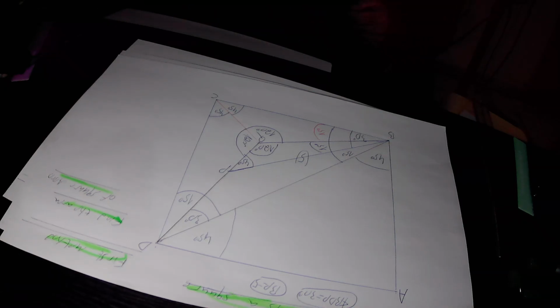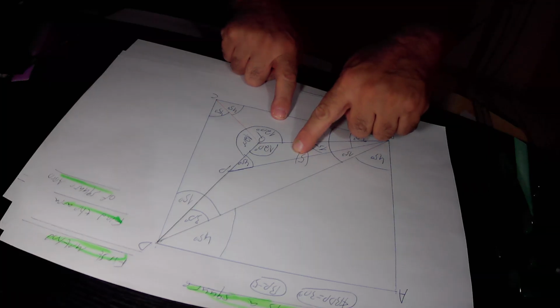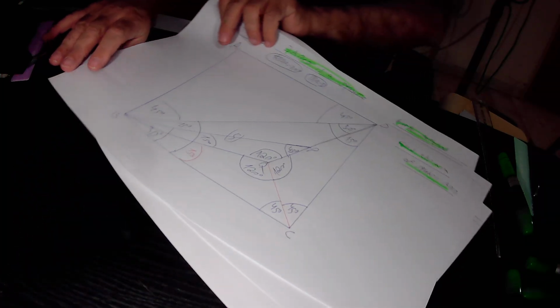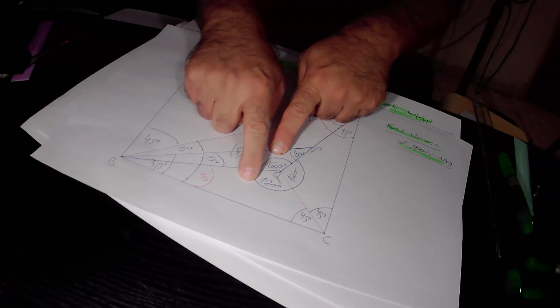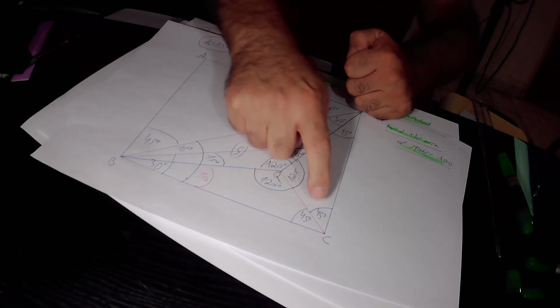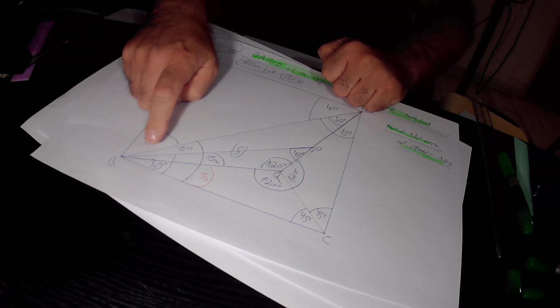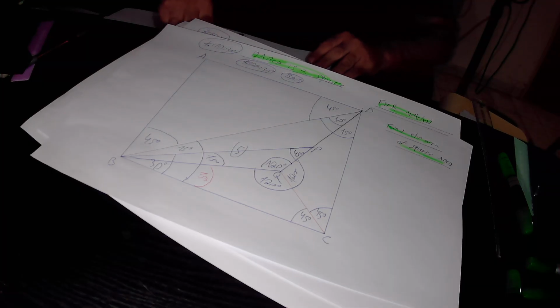In the next step, we'll prove that those two triangles can go into each other according to the angle side angle rule. Again, we prove that triangle BQC can go into this triangle BQP according to the angle side angle rule.